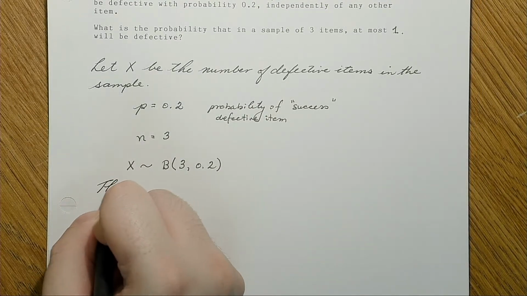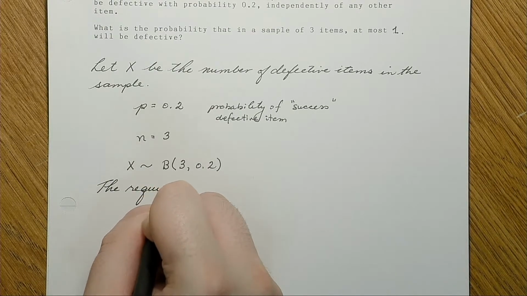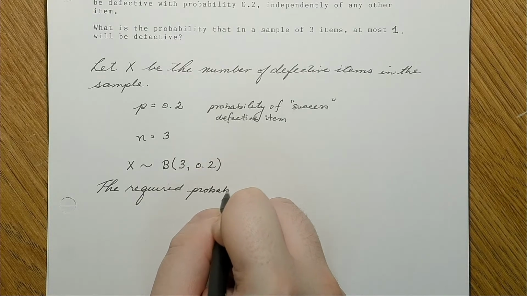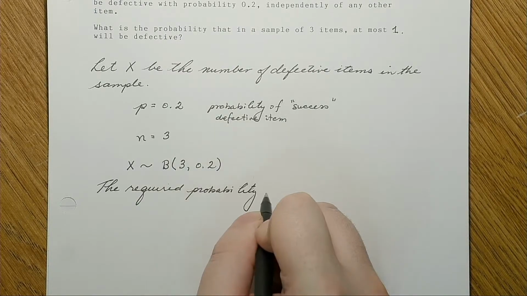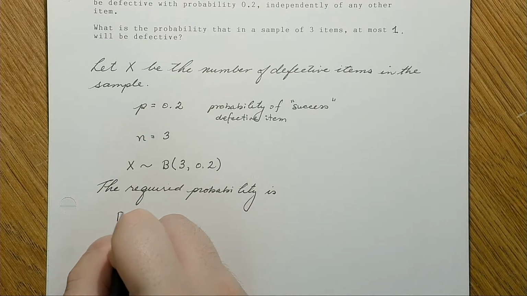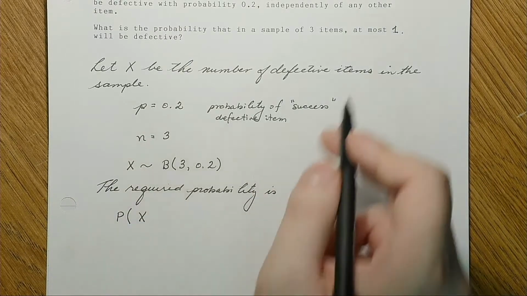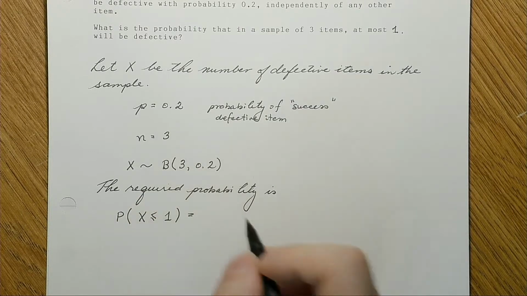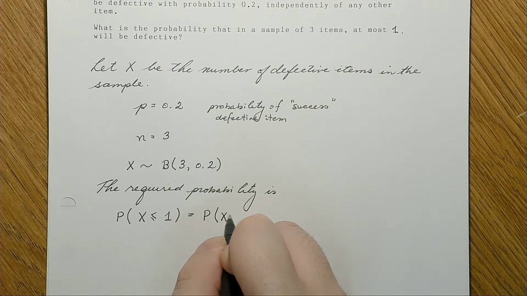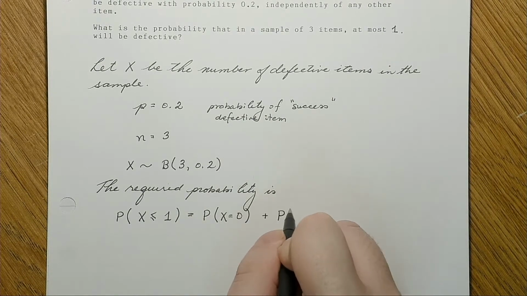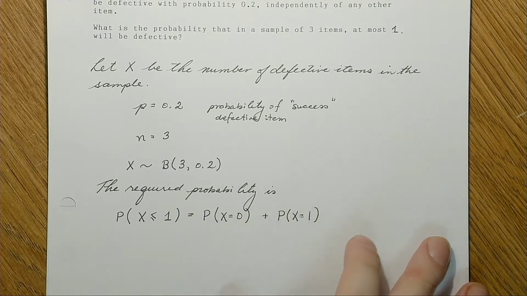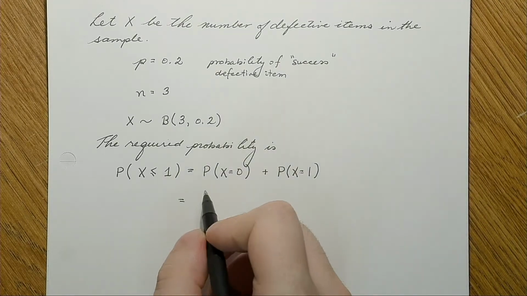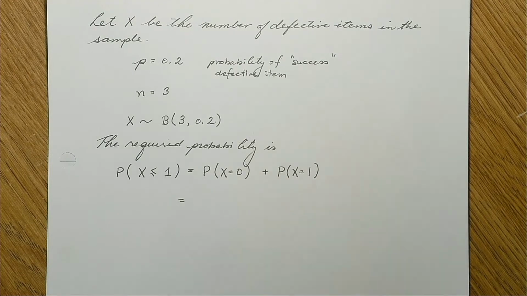So then the required probability is, it says at most 1, so we're going to say X less than or equal to 1, which means that we need to calculate the probability of X equals 0 plus the probability of X equals 1. So I need to use my general formula.